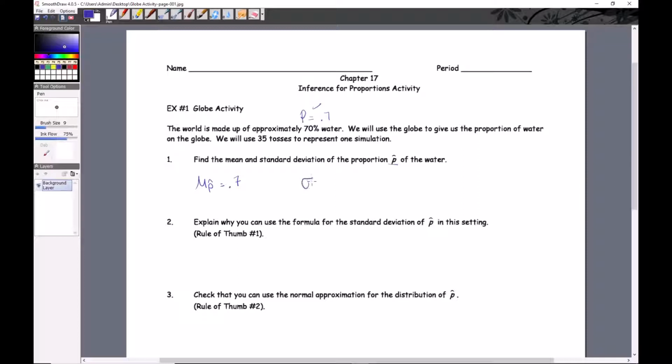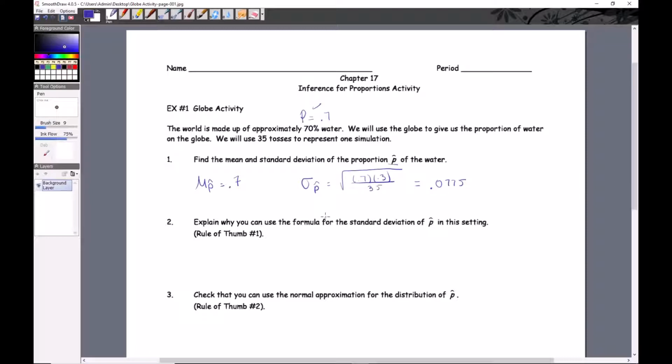So sigma of p hat is going to be the square root of a fraction, so put a fraction bar there. 0.7 times 0.3, n is 35. If you do the math in your calculator, you get sigma of p hat is 0.0775, right? And these things do not require any units, so we're ready to go.